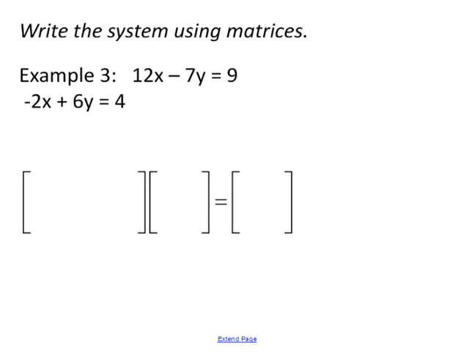Example 3. What we want to do is write the system using matrices. This is not laid out very well. I'm going to move this over so it's a little bit easier to see. So I have negative 2x plus 6y equals 4.